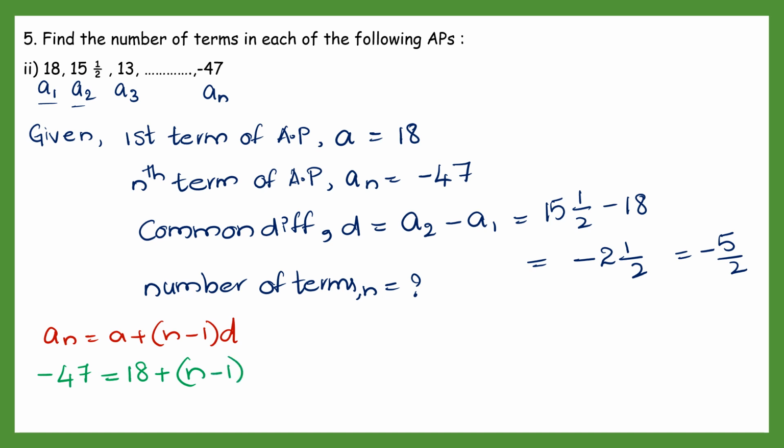N is the number of terms, you don't know that. Common difference is minus 5 by 2. This 18, if it goes to the left side of the equation, it will become minus 18, equal to n minus 1 into minus 5 by 2. Minus 47 minus 18, you will get minus 65.